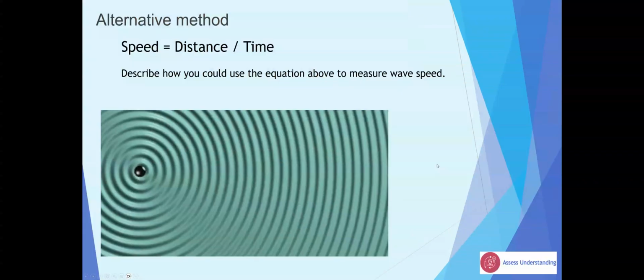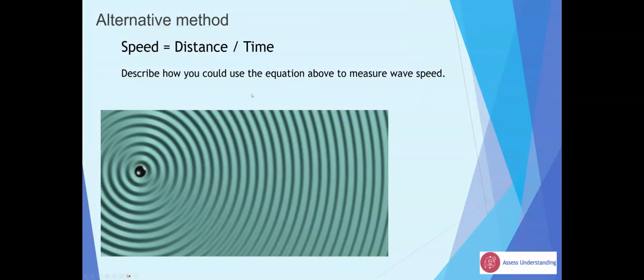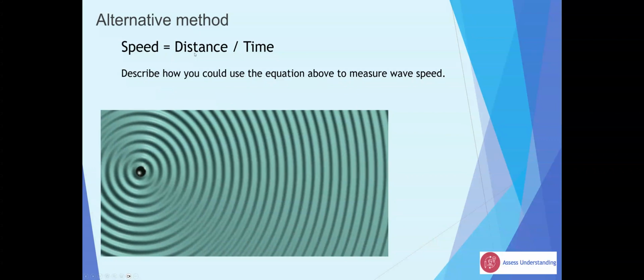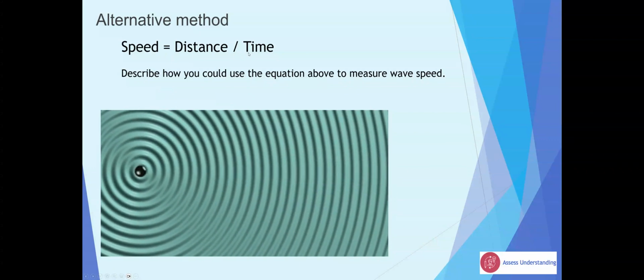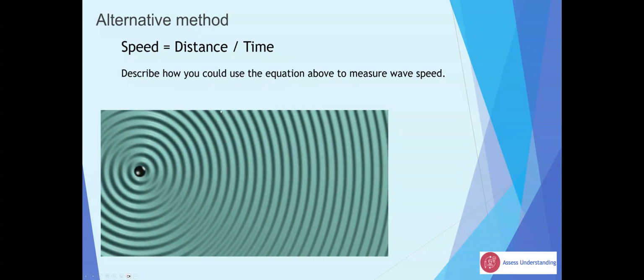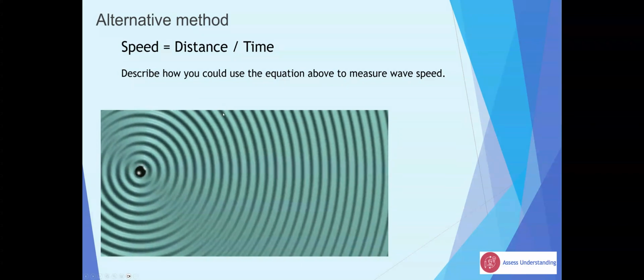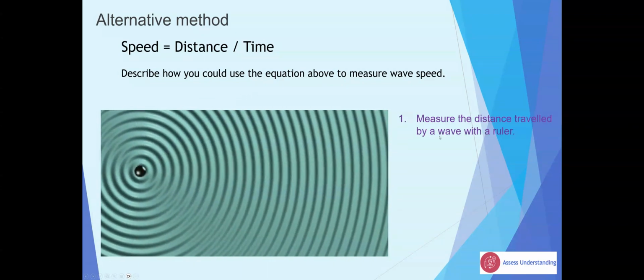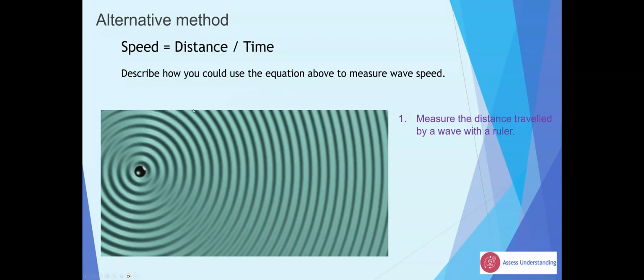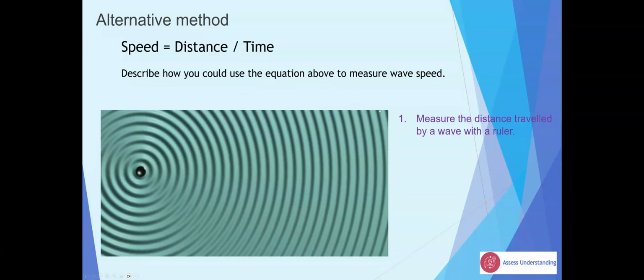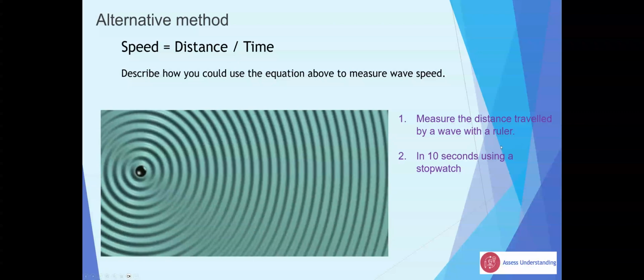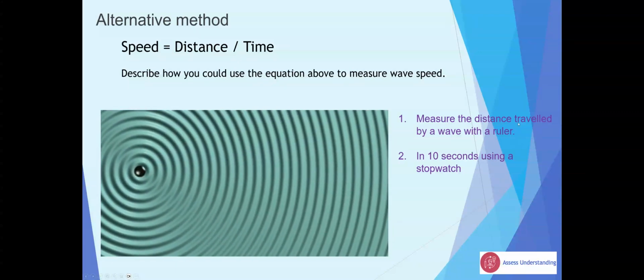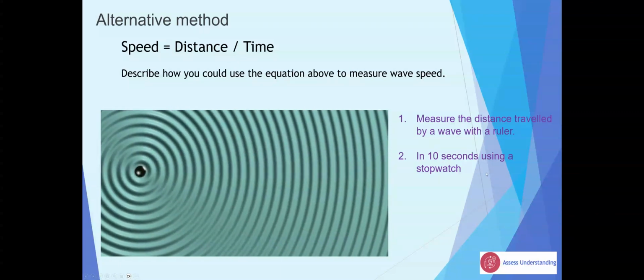Okay, so there is an alternative method. We could use speed equals distance divided by time. So we just take a single wave crest, and we measure a set distance. So we measure the distance traveled. We might want to measure that crest from here to here, and then we measure the distance traveled by the wave with a ruler in 10 seconds.